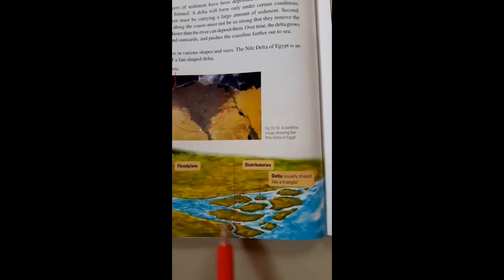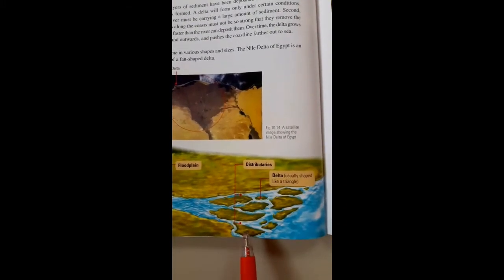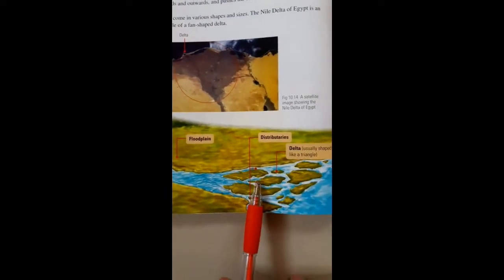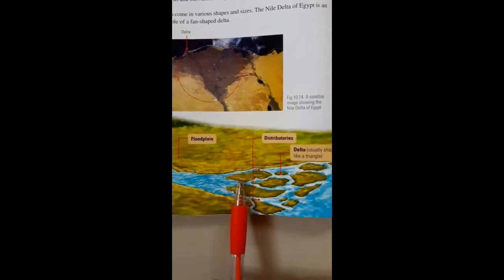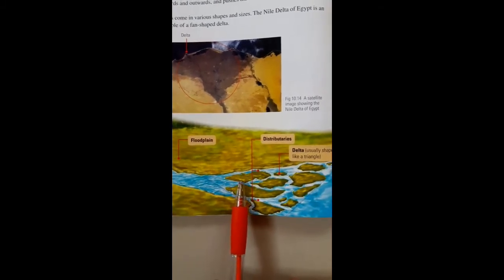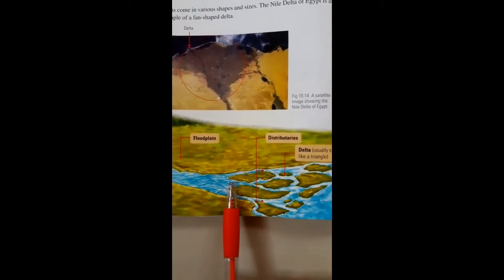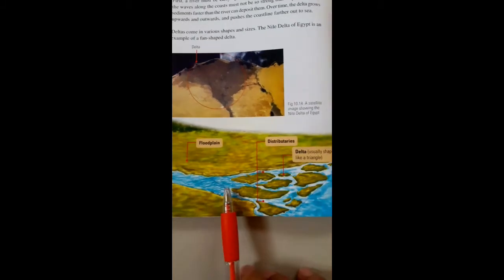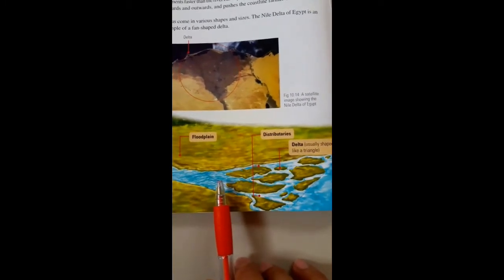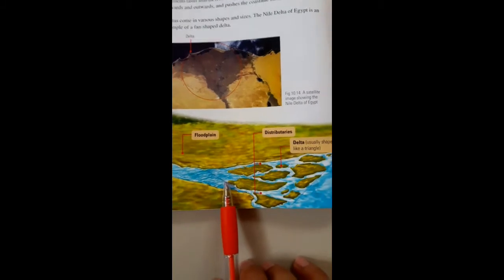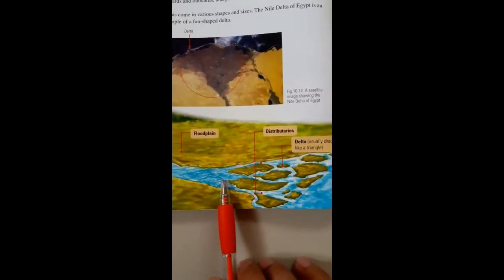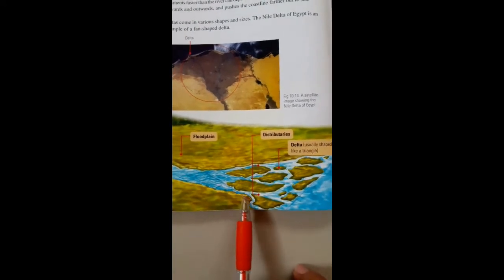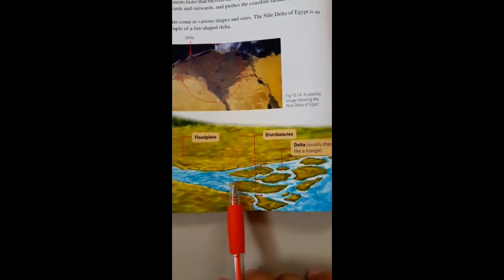Alright? And when the sediments pile up or build up slowly, it obstructs the flow of the river. Because of the force of the flowing river, alternative channels are created, like this one here.